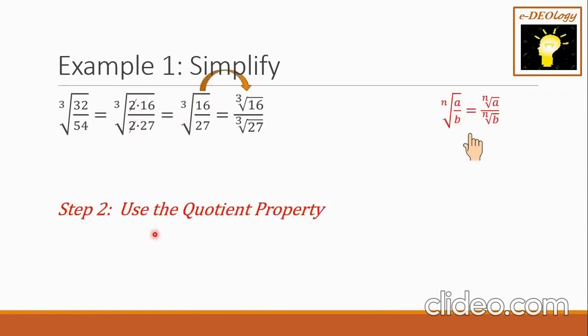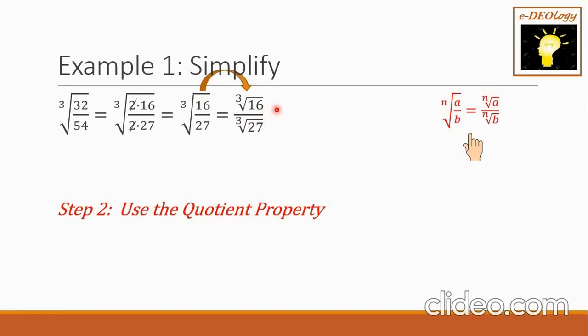We will now go to step 2 where we use the quotient property. It means we distribute this radical sign to the numerator and the denominator. So we have the cube root of 16 and the cube root of 27 in the denominator.